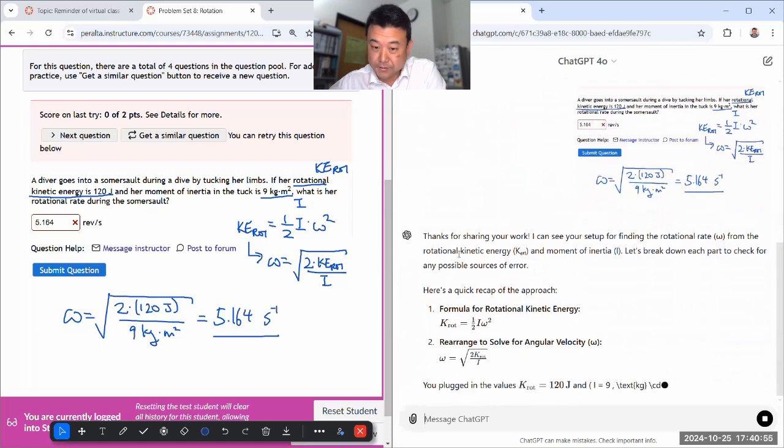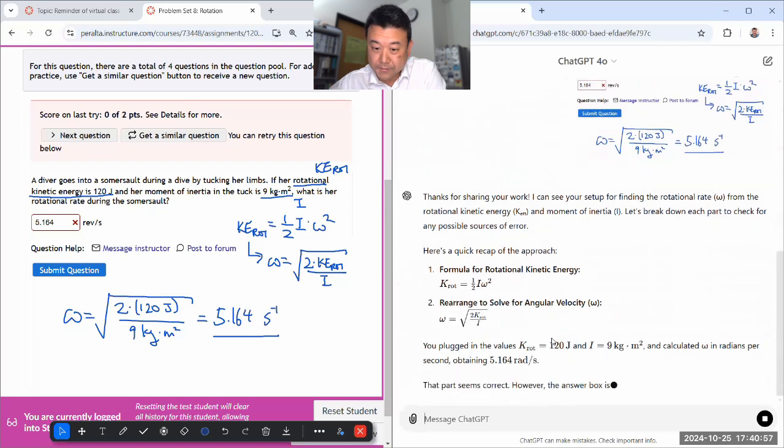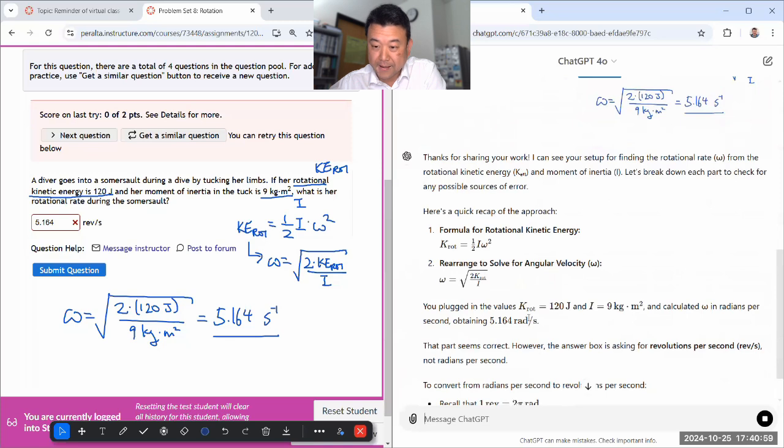So okay, sharing your work, formula, rearrange, yeah. So this is the challenging part. With the rotation, it comes down to neither radian nor revolution being real units. So when you do dimensional analysis, unless you remember to put it in, it won't just pop up.